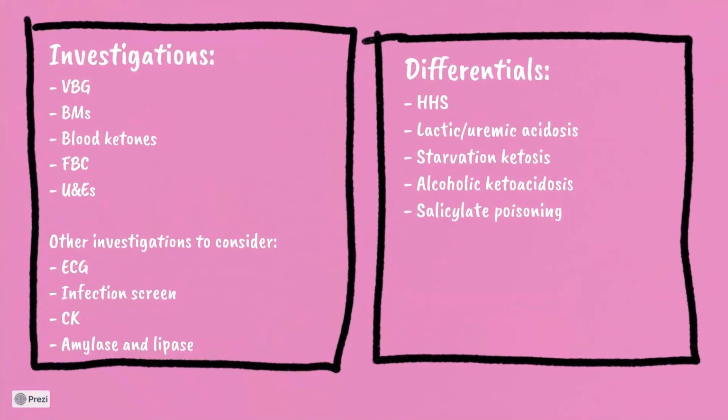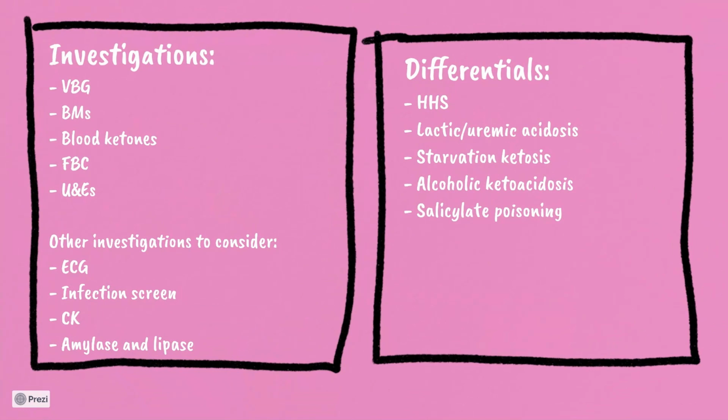Investigations needed include VBG to check the blood's pH, blood glucose levels, blood ketone levels, as well as a full screen of FBC and U&Es to assess electrolyte levels and check for any signs of infection. Depending on the history and severity of the DKA, other investigations to consider include ECG, a full infection screen, CK, and amylase and lipase levels, which can be elevated.